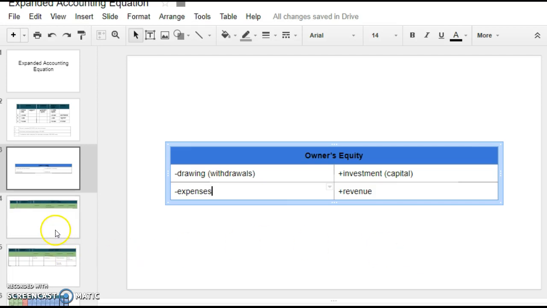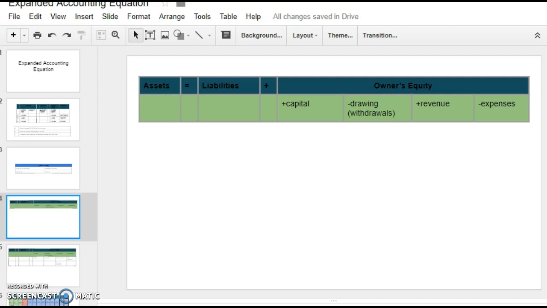So here's what the new expanded accounting equation will look like. You still have your assets, with a bunch of accounts in the assets: cash in bank, supplies, accounts receivable. Then you have your liabilities, and then you have your four equity accounts.